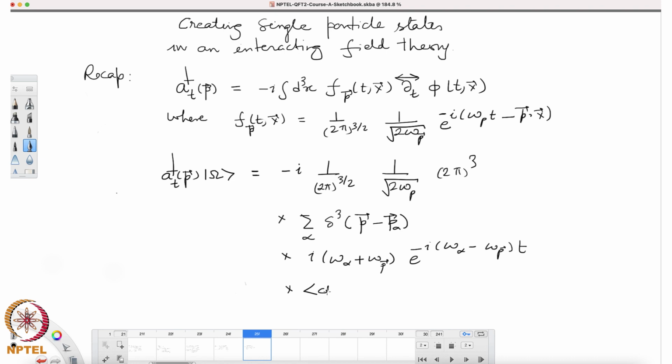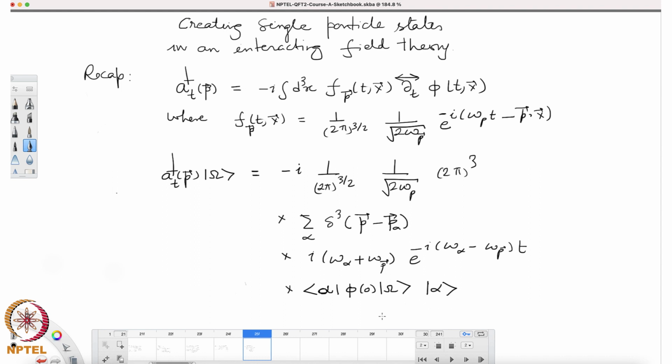I had alpha here, then field phi at 0, and then omega. So this is the matrix element of phi in these two states, and then you had ket alpha. Apart from all these other things, you have to sum over ket alpha.